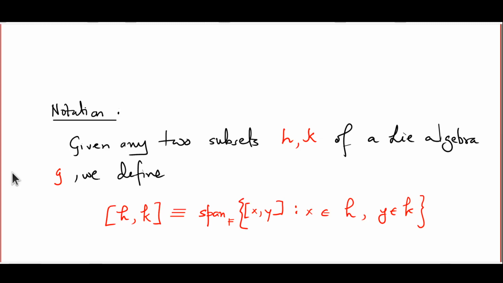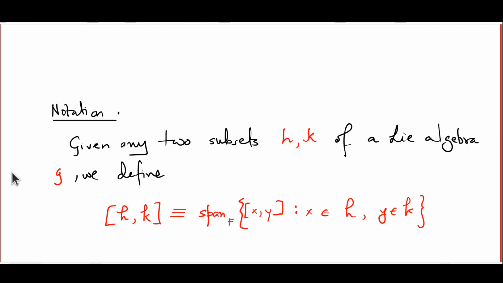They are just subsets of the underlying set of the Lie algebra G. The commutator bracket or the Lie bracket of H and K is defined to be the span over the field F of all the commutators of elements which you take from H and K respectively.